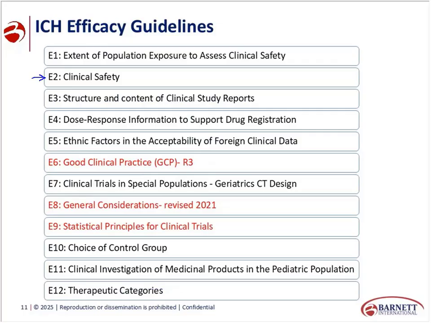Then, of course, E6, which we will spend most of our time on today, again, cannot be looked at in a silo. So the other ones I recommend you're very, very familiar with. E9, I'll jump to that one, statistical principles. So again, I love this because I'm not a statistician, and it really helps understand why we have to focus on the endpoints in the way we do.